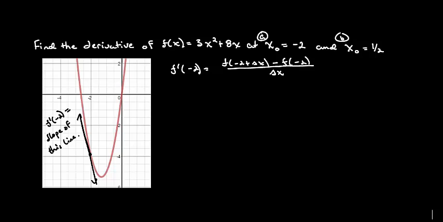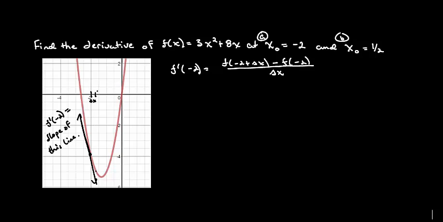Now look, what's really going on here? Well, we're taking a second point. Here's -2, right? Now we're taking another point that's just a little bit over. So I've got -2, and then I'm going just a little bit over, and that little bit over is change of x.